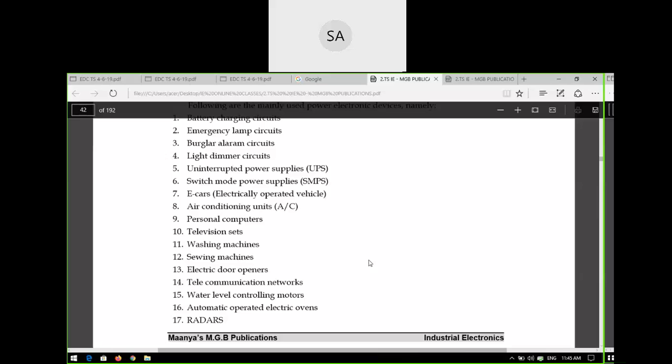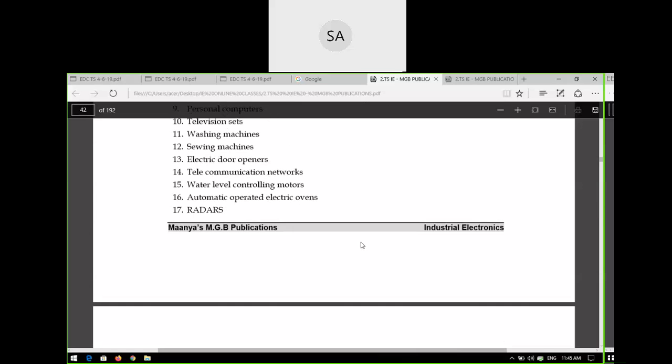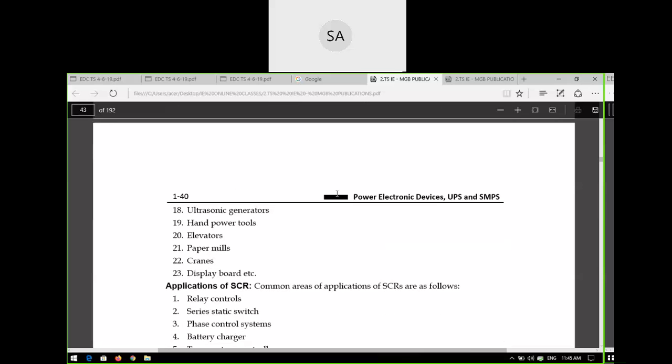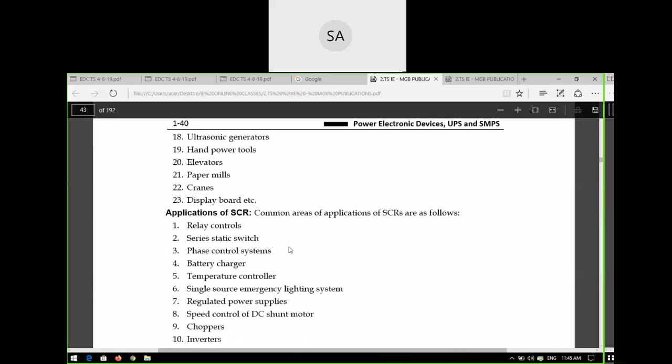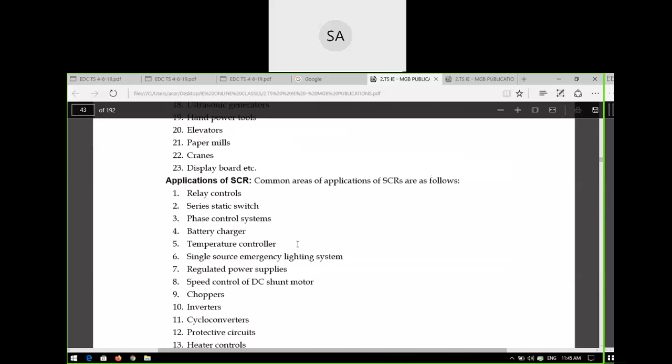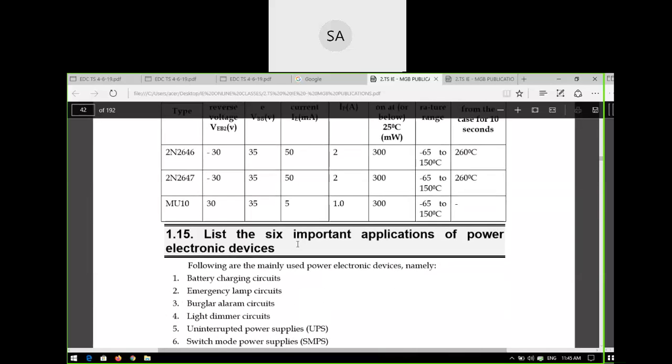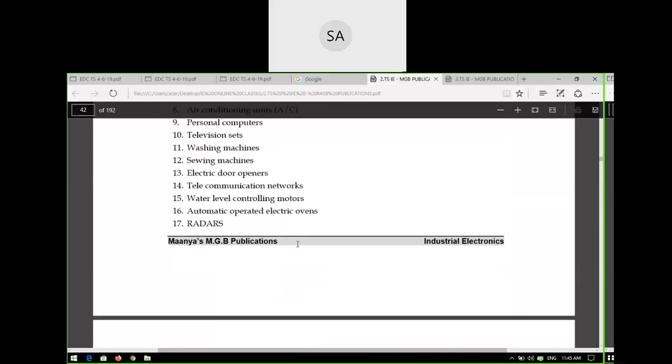There also you will have this type of power electronic devices. Then telecommunication networks, water level control circuits, automatically operated electric ovens, radars, ultrasonic generators, hand power tools, elevators, paper mills, cranes, display boards. So these are some examples of applications of power electronic devices.